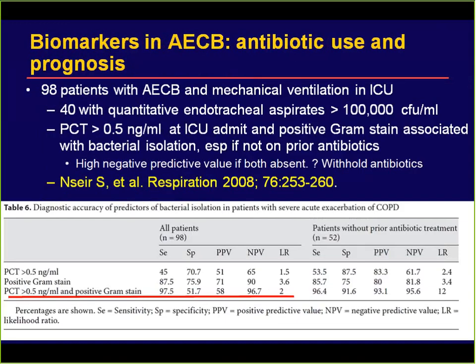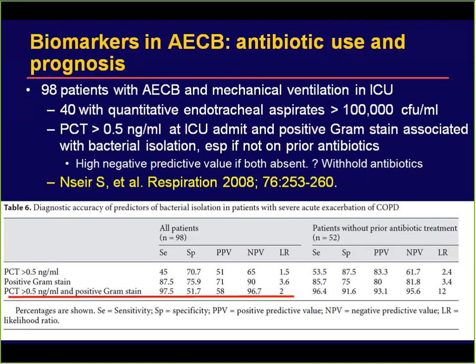And then there was a study of about 100 patients with exacerbations of COPD who were treated on a ventilator in the ICU, and they were trying to look at the ability to, again, withhold antibiotics in this setting, even though, as you know, there's a controversy about whether you would use antibiotics in exacerbations of COPD. There's probably no controversy for an intubated ventilated patient with a COPD exacerbation.